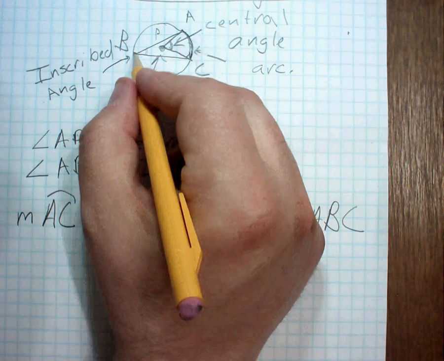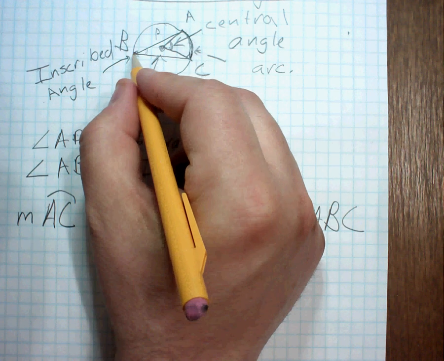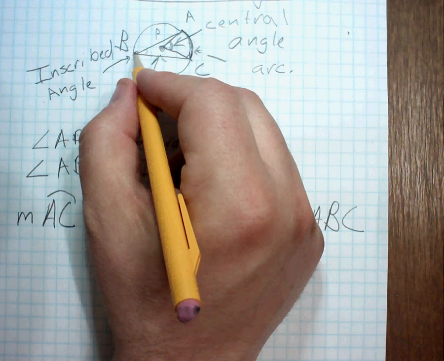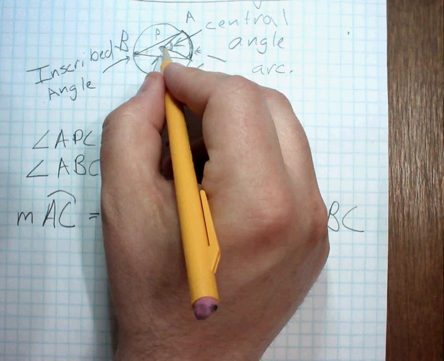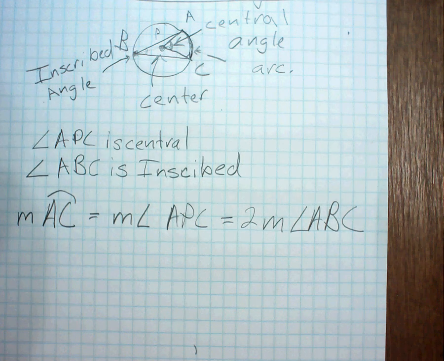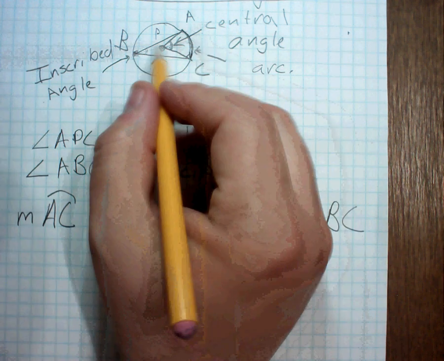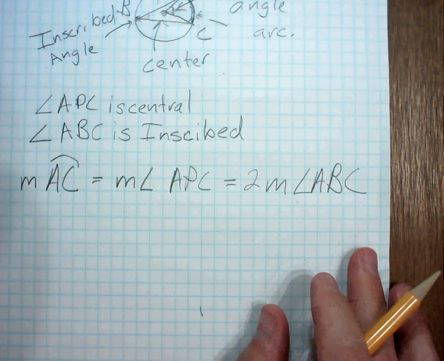In other words, for this one, because it's on the circle, the radius goes from here to here to make the arc. But for this one to make the arc, the radius is half the distance for the sweeping motion. So the diameter is 2 times the radius, and that's why we have half the angle.